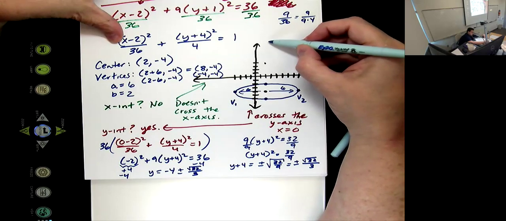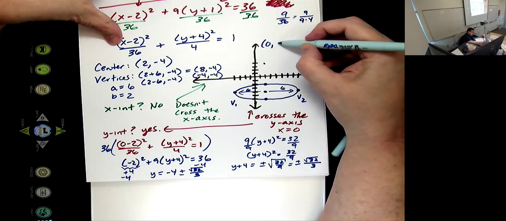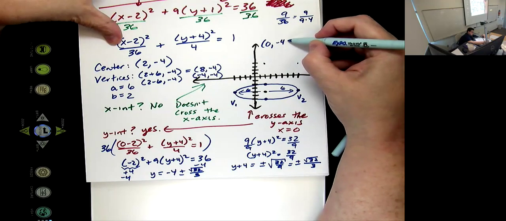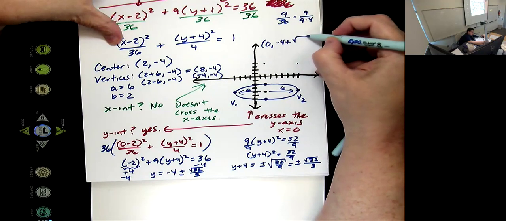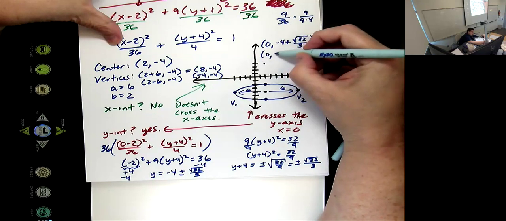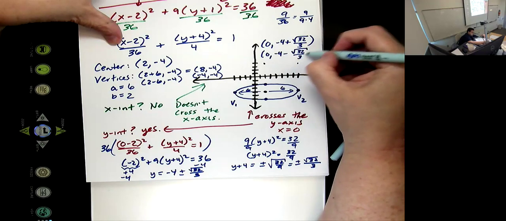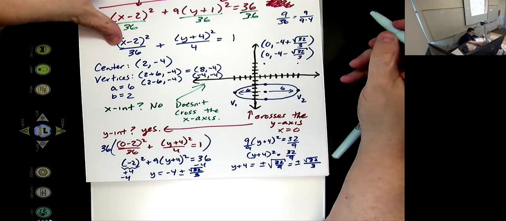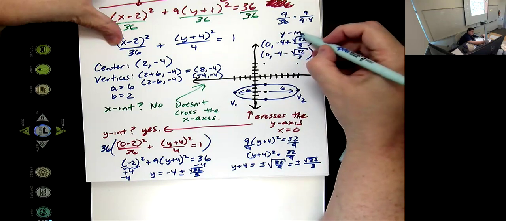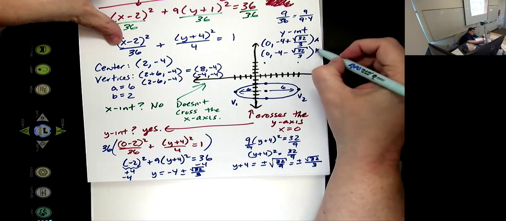So that's when x is 0. If I write them up here, I've got -4 plus square root of 32 over 3, and -4 minus square root of 32 over 3. Those are my y-intercepts. Call that A and B.